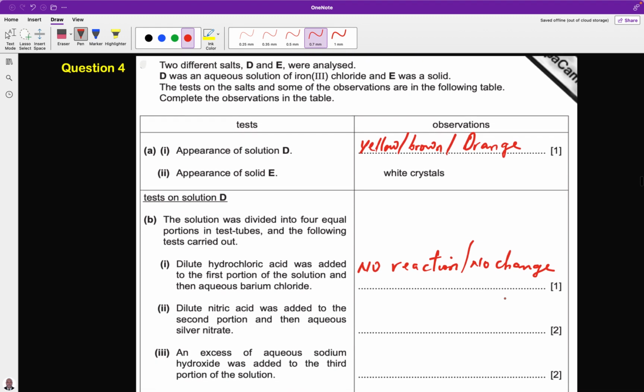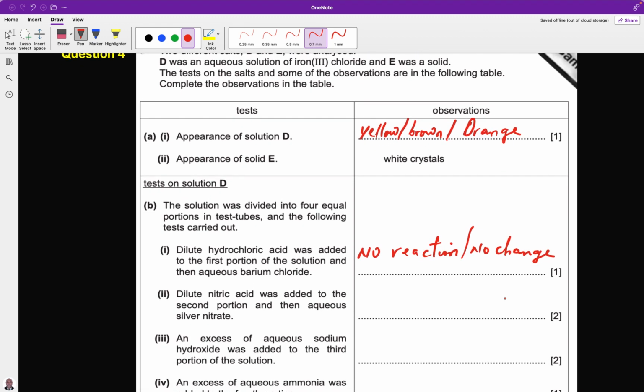Dilute nitric acid was added to the second portion, and then aqueous silver nitrate. Aqueous silver nitrate always helps to precipitate.